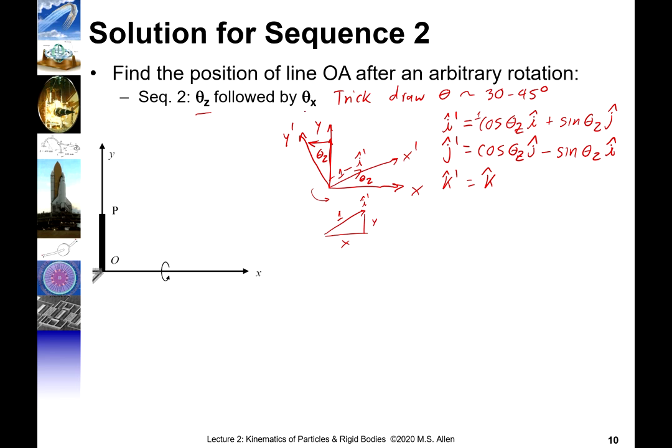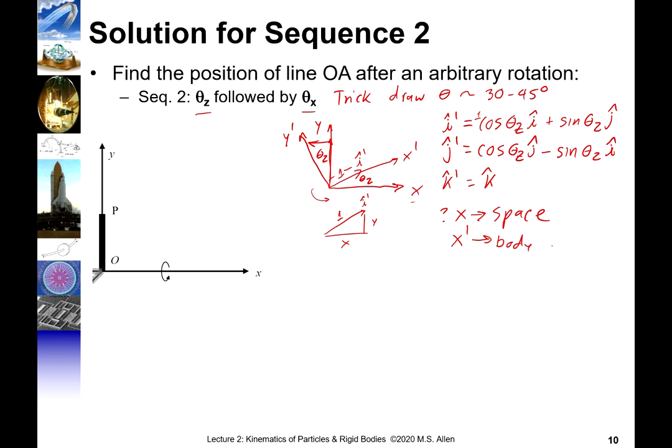But we said we were going to follow that with a rotation around x. So we have to decide, is our next rotation going to be around x, the x-axis here? If we do that, we'd call that a rotation about the space-fixed axis. Or is it going to be around x prime, which has already gone through the first rotation?